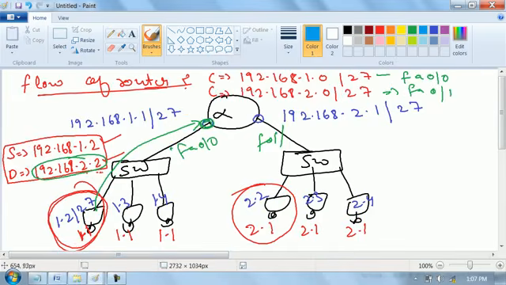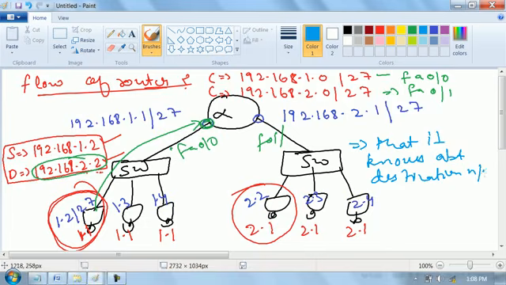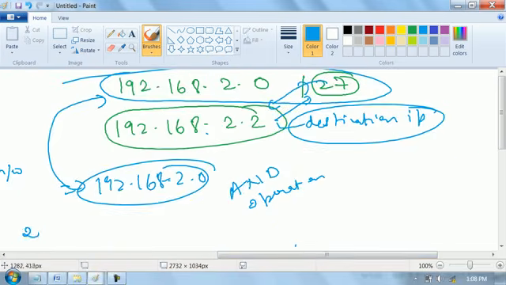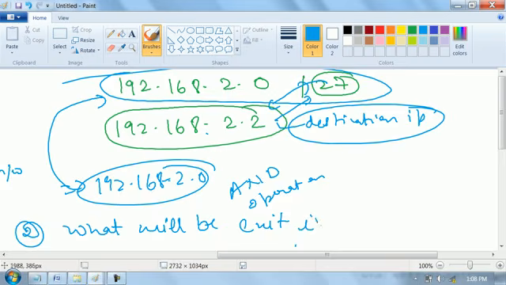Second thing, first thing router wants to know is that it knows about destination network or not. Second thing, what will be the exit interface to reach that network.